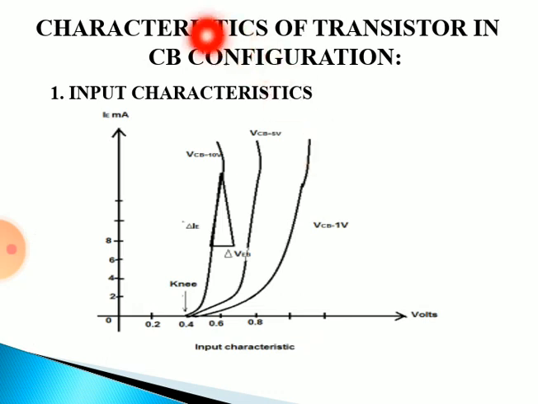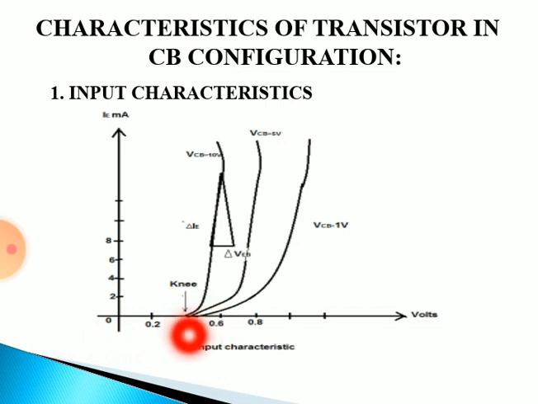Next is characteristics of transistors in your CB configuration. The first is input characteristics. You can see that your IE is taken along the y-axis and VBE is taken along the x-axis, and VCB is kept constant. So your current will be almost zero, or it will be increasing slowly until it reaches the knee voltage.